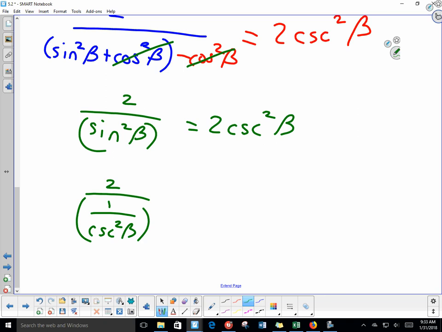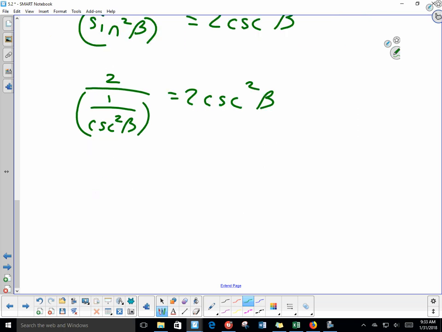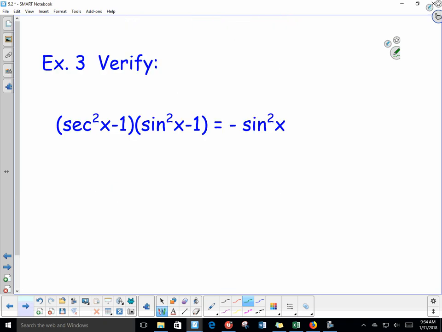Sine squared is 1 over cosecant squared. And so that is, I think, going to bring us the rest of the way home, because if we multiply by the reciprocal, we'll get 2 cosecant squared beta on both sides of this identity. So we showed that we can simplify the left side until it is equal to the right side, and we're done. Notice we're baby stepping everything. Baby steps, baby steps.